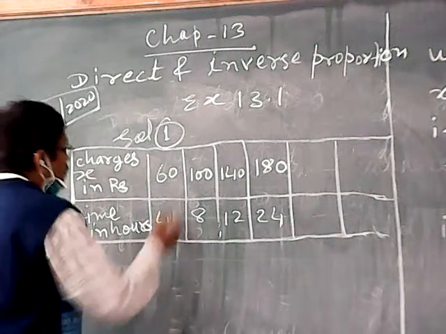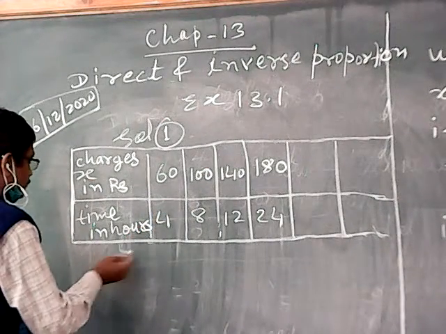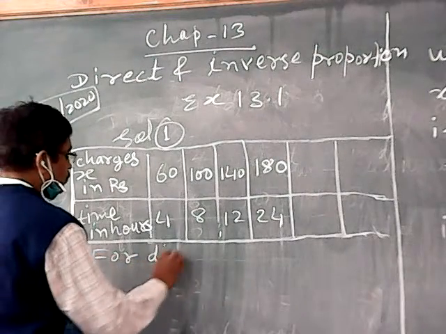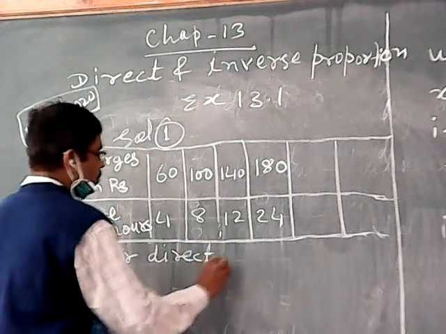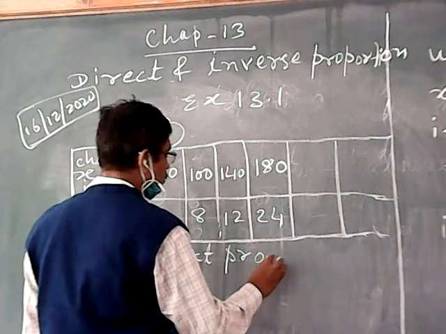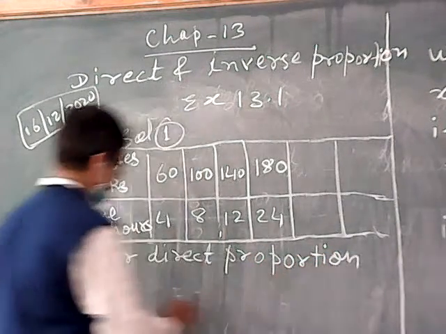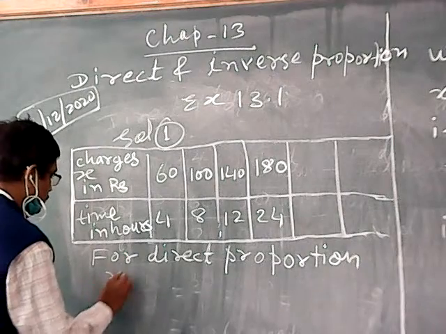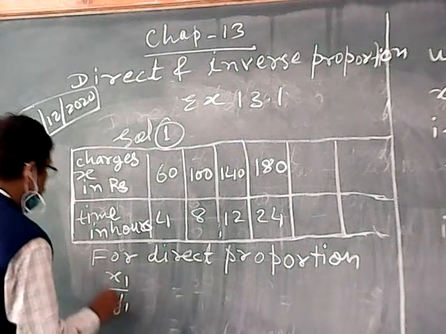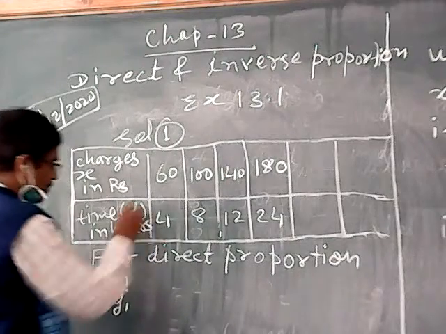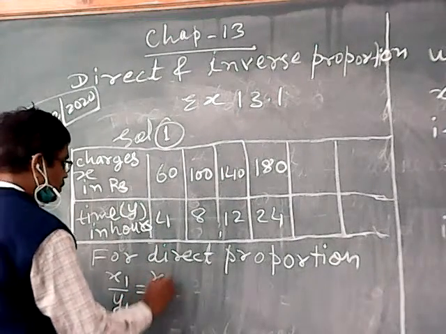See, we have the formula of direct proportion: x1 by y1, where y is the time we have taken, is equal to x2 by y2.